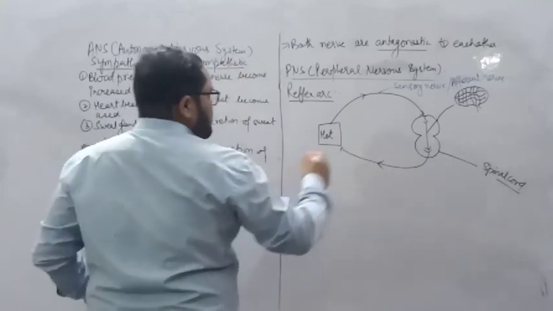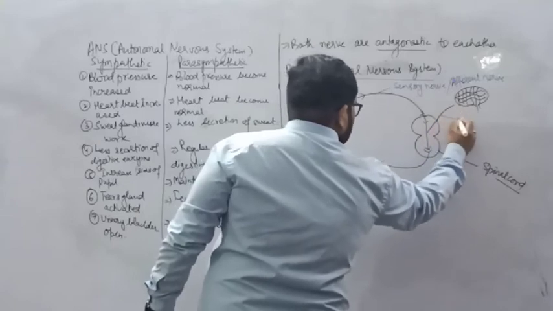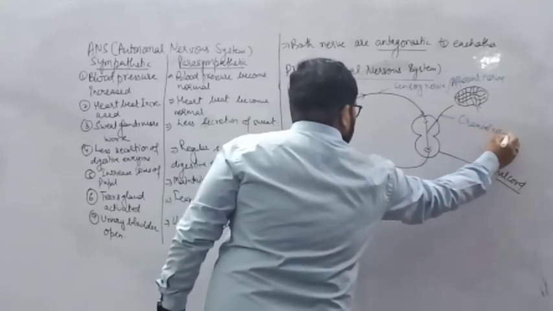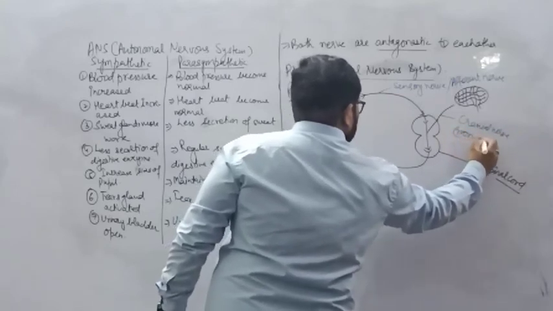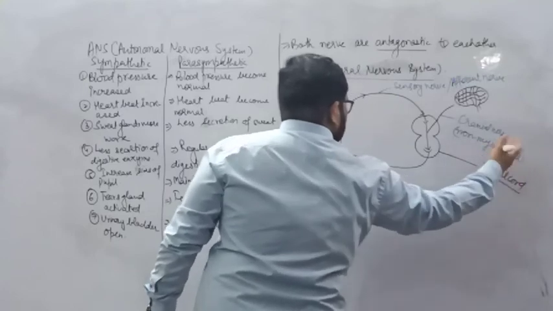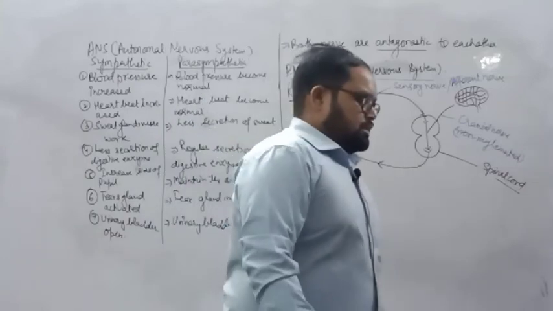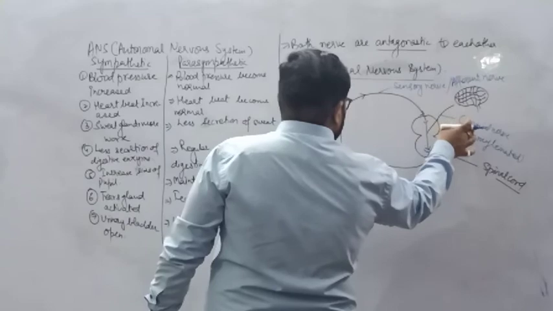Chalo. Next one, this nerve which will combine to the brain, that is called cranial nerve. Cranial nerve is non-myelinated nerve. Non-myelinated, that you already know. The nerve on which myelin sheath is absent is called a non-myelinated nerve, and the rest of them are myelinated nerve.